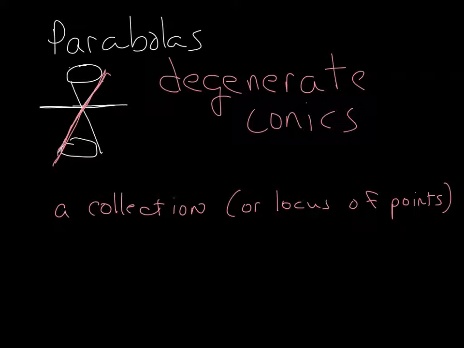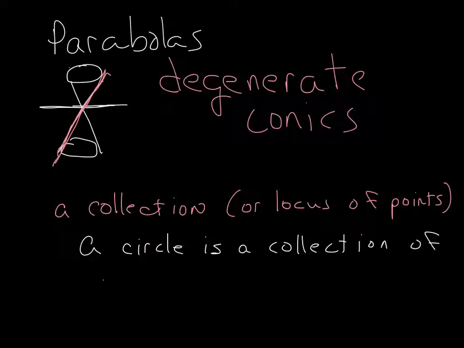Now, Mr. Kahn showed you a circle. If the plane cuts through the cone perpendicular to the axis of the cone, you get a circle. And hopefully you remember a circle is a collection of points, and he may have mentioned this, equidistant from a fixed point called a center.